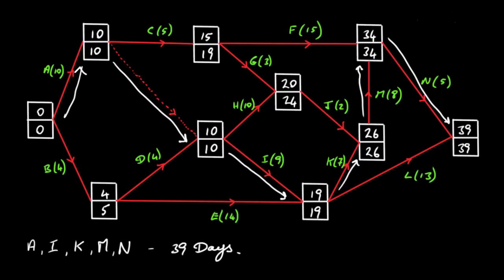So if we take F first, this is F up along here, we've got to take 34, subtract 15, and subtract 15. So total float for F is going to be 34 minus 15 minus 15, which is equal to 4 days.